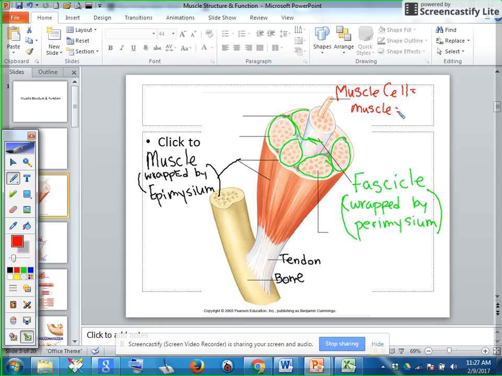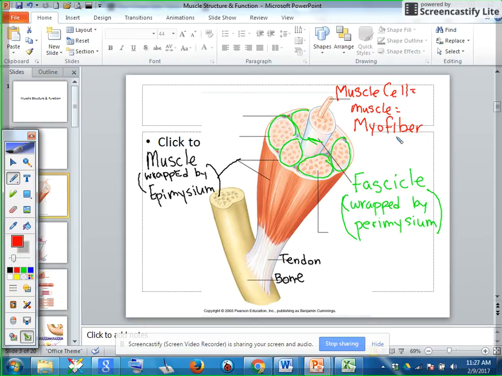Or we could get really technical and call them myofibers. Okay, so a muscle cell is the same thing as a myofiber. And these cells, remember, are really, really long, and they have lots of protein fibers inside the muscle cell that we will label in just a minute.